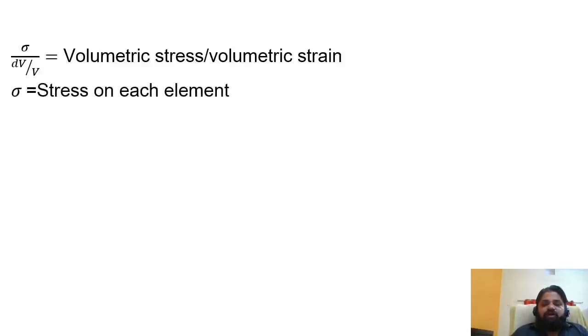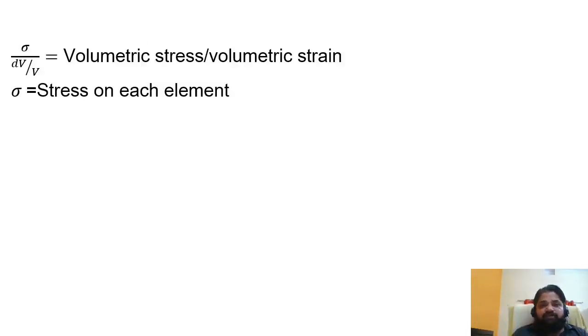You may ask one question: if the structure is loaded in all directions in the same way, that means if instead of that square kind of block I have a rectangular block with x, y, z, and the same kind of stress is applied. There are two components of that, direct stress and shear stress.